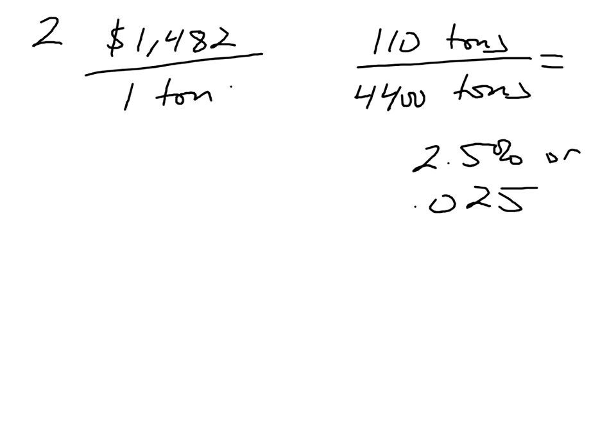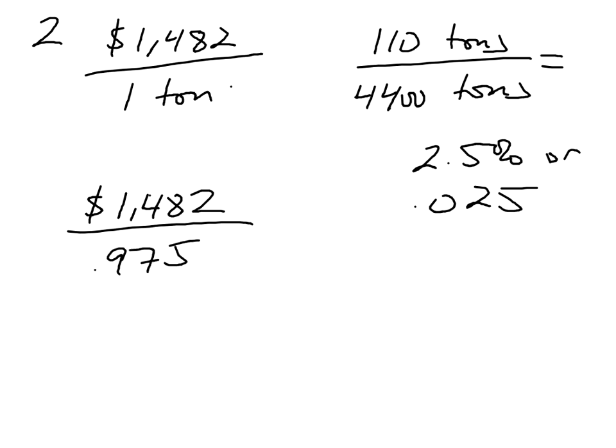All right, so that means that really you're not paying $14.82 for 1 ton. You're paying $14.82 for 0.975 tons. Okay, so you're not getting 1 whole ton out of this. You're actually only getting 0.975 tons out of this. And where do we get 0.975 from?